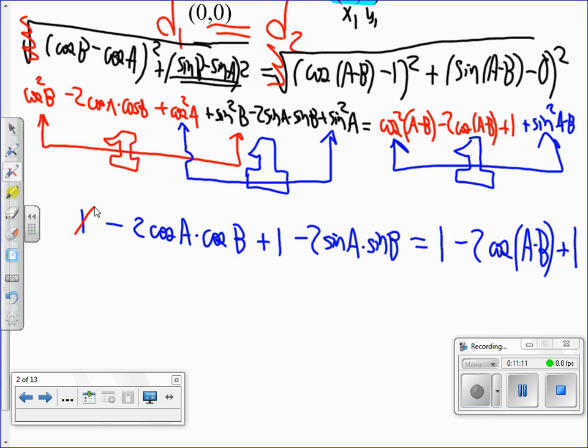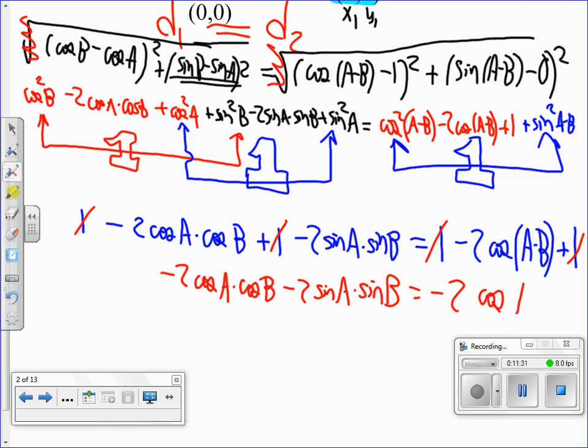A 1. Just 1? There's another one we can do. So then what we'll be left with will be negative 2 cosine a times cosine b minus 2 sine a times sine b equal to negative 2 times cosine of a minus b. And now what can we do? Divide everything by negative 2. And so that'll be positive, and that'll be equal.